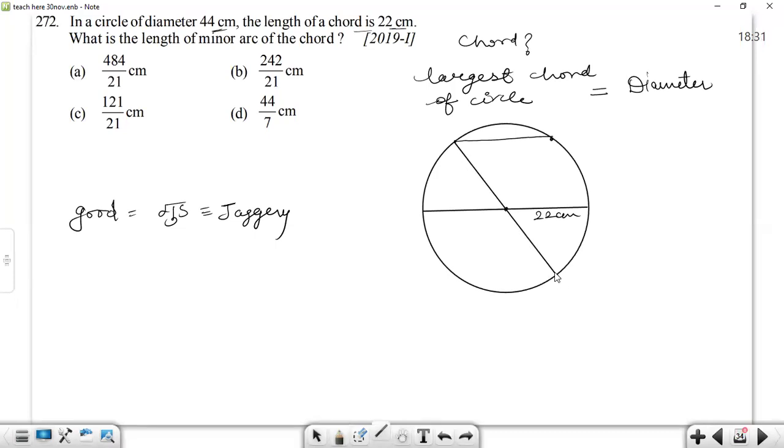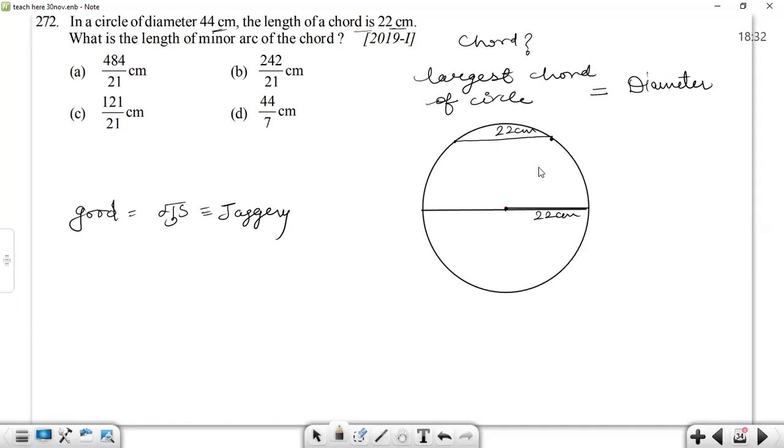This is also a diameter of 44 centimeter length, and this is also a diameter. Diameter is basically any chord which is passing through the center. Clear? Yes, sir. So this is a chord having 22 centimeter length.